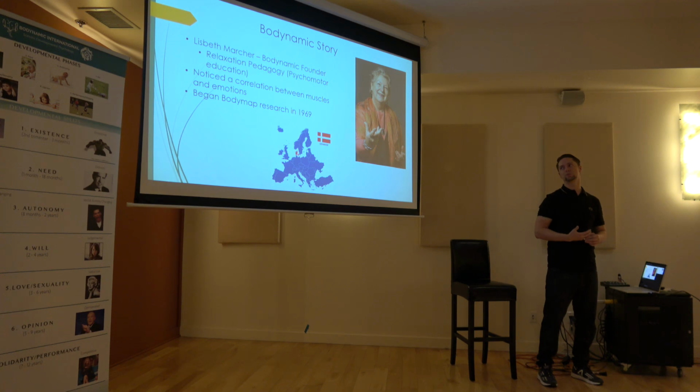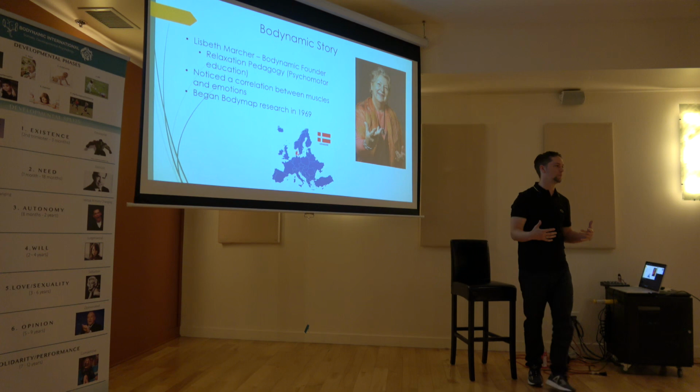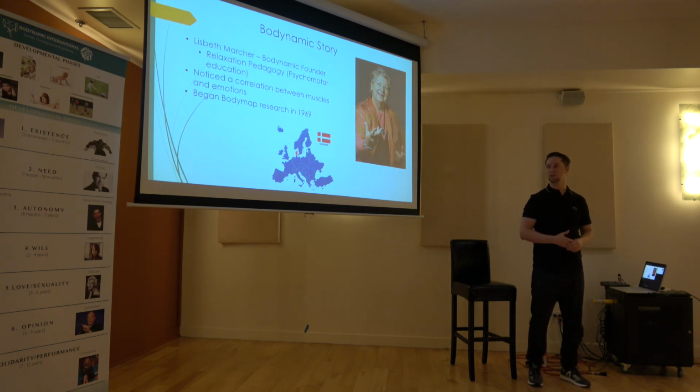So she started to correlate between different clients, and she had a team of people working for her, and she got them to start looking at their clients as well. She embarked on a really ambitious project of mapping out 125 muscles and fascia in the body and what the specific psychological themes are for each individual muscle.